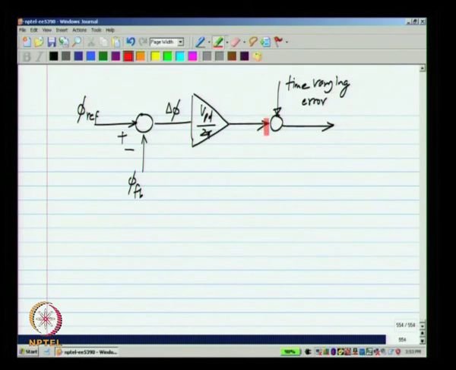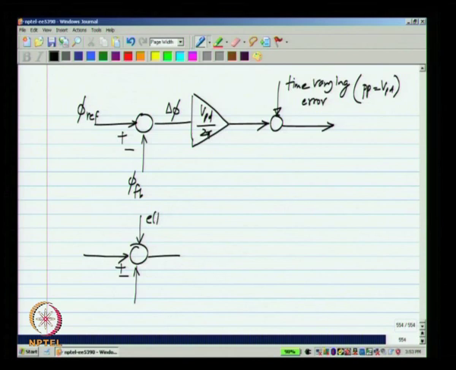Now, it is convenient to refer this time varying error to the input of this gain block, because then the peak to peak value here which is VPD will be divided by the VPD which is present in the gain, and you will get something that is dimensionless. Okay. So, I can represent this equivalently as some E of t.